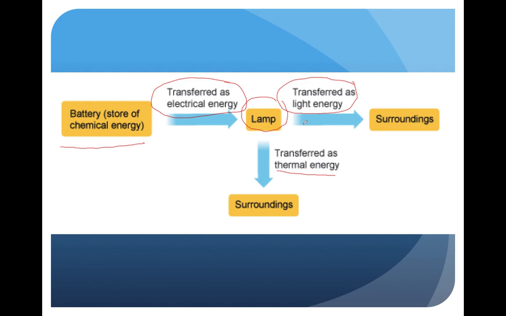So it produces two forms of energy. And again, the thermal energy is unwanted, but it's produced because of moving parts that cause friction, which always results in some heat.